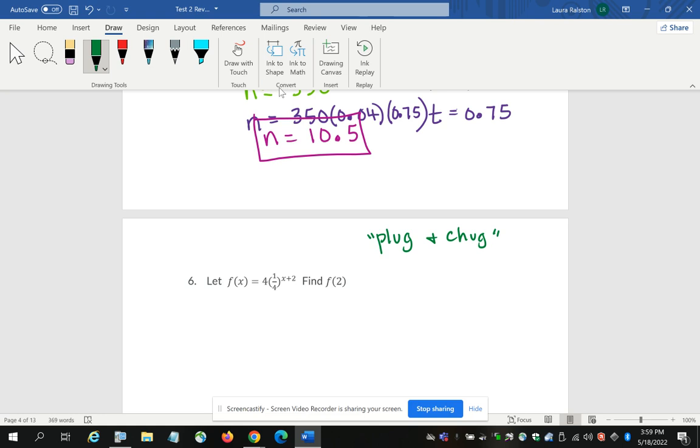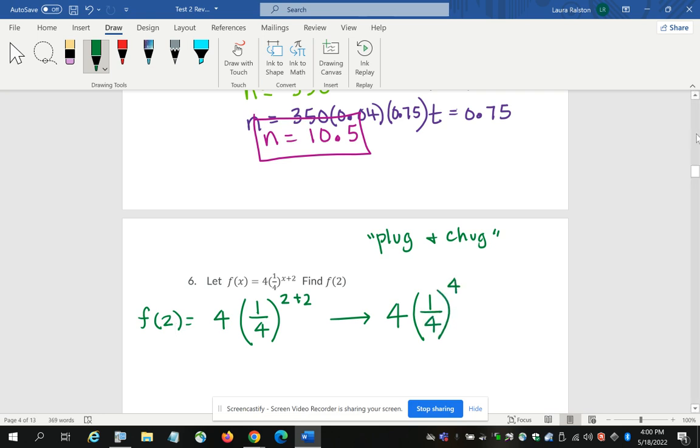They want me to substitute 2 into the problem wherever there's an x. So f at 2 would be 4 times 1/4 to the 2 plus 2. So that gives me 4 times 1/4 to the 4th power.